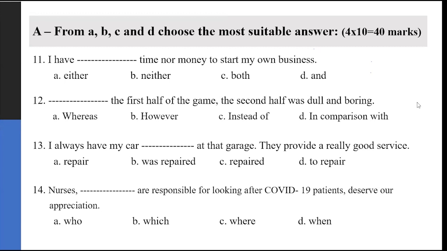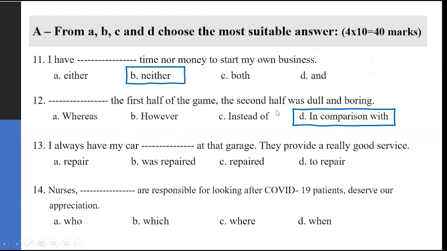So we chose in comparison with because if I read the sentence up to the comma, I only have a noun. Whereas is used when I have a subject and a verb. For example, if we had, let's say, the verb here: the first half of the game was fun. The second half was dull and boring. Then I can use whereas. But here I don't have a verb. It's just a subject or a noun. When I only have a subject or a noun, I use in comparison with.